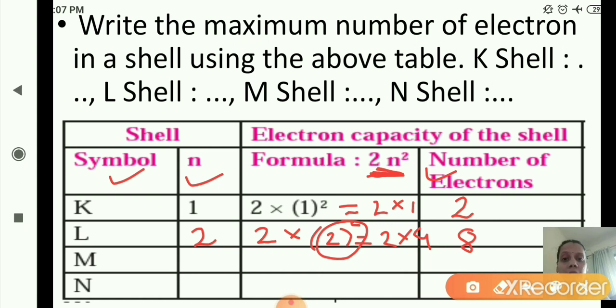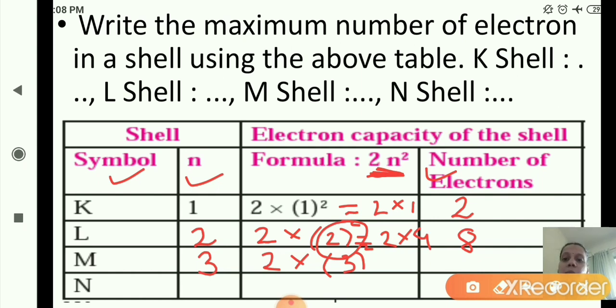That is 8. Now we will find out for the third shell, that is M. What is the ordinal number for M shell? 3, right? Because it is the third shell. Again we will use the formula 2 into n square. N is 3 here, so 3 square. 3 square is 3 3s are 9, right?